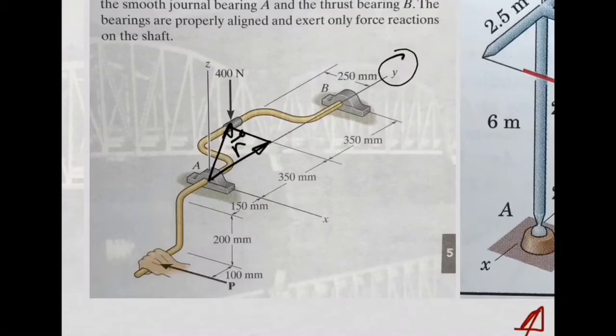Because we are calculating the moments by doing the external product of a position vector with a force vector. You can do it the other way as well, and in fact it is a good way to practice at home. But now we are doing the external product between a position vector and a force vector, okay? So the y component is going to be 350, you all agree?